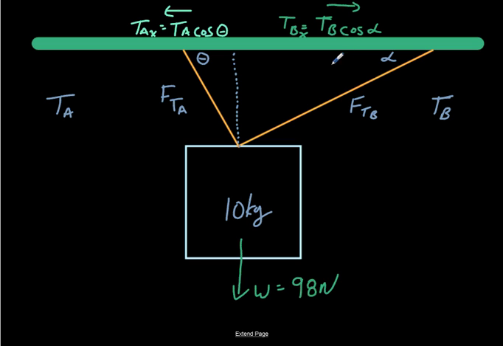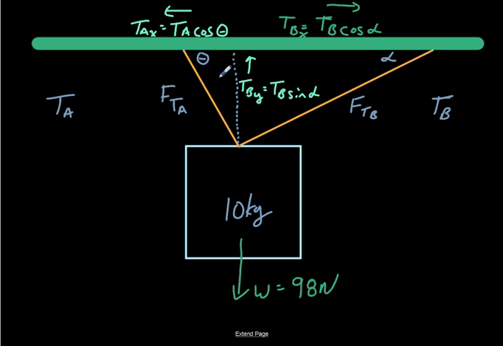Okay. We're also going to say that TBY aims up and is equal to TB sine alpha.